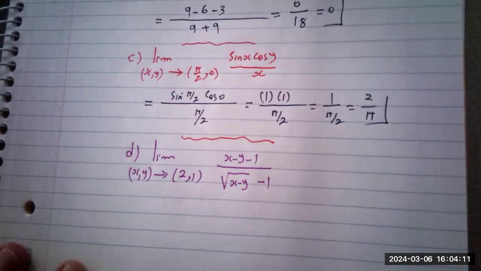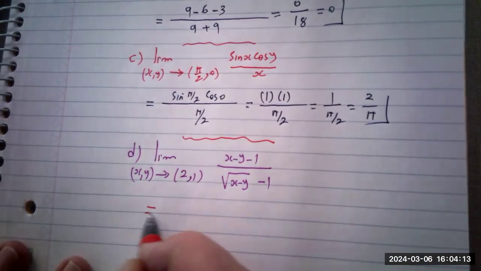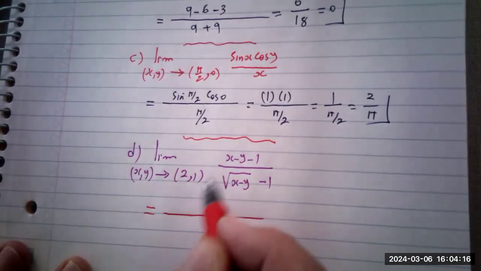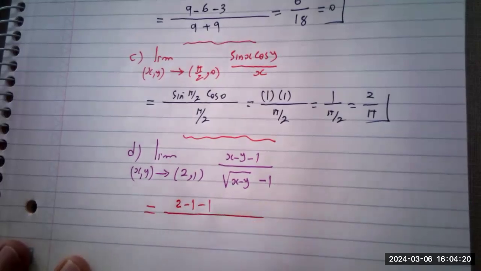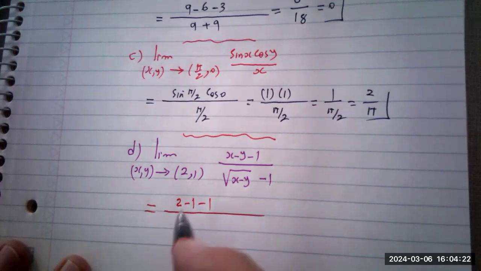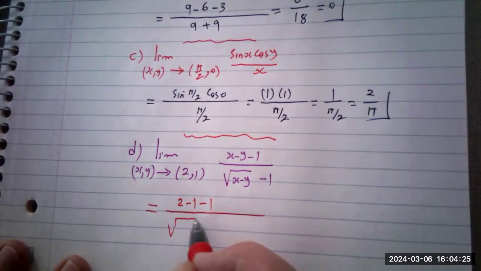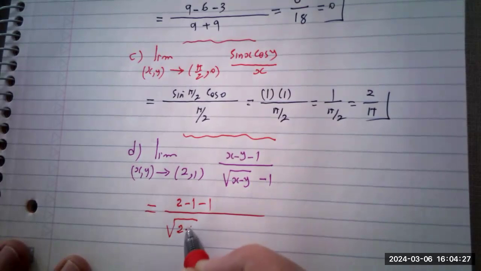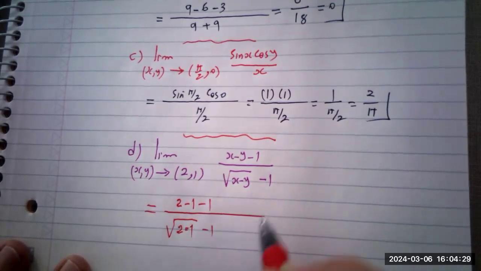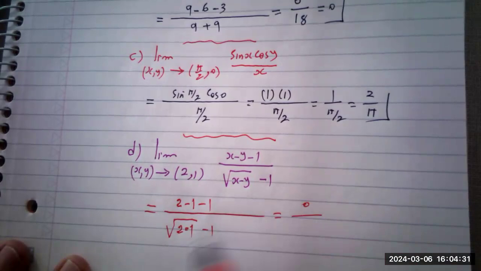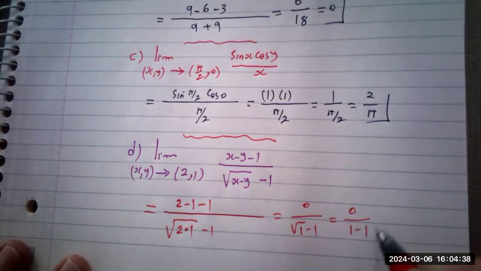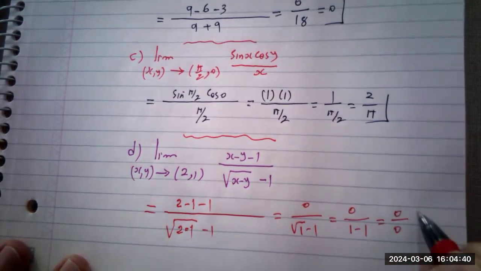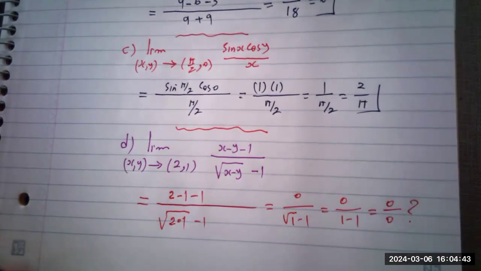If you substitute x equal to 2, y equal to 1, the top would be 0. The bottom gives radical 1 minus 1, which is 0. So you get 0 over 0.